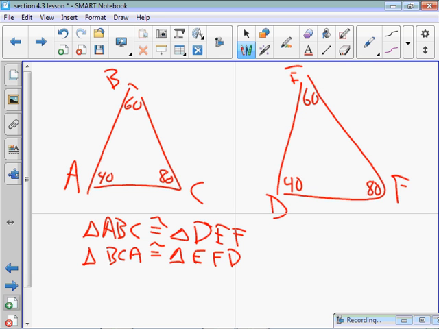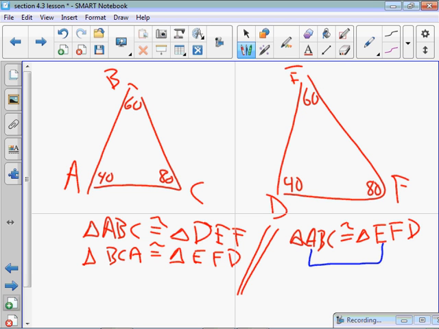What you cannot say is something like this: triangle ABC is congruent to triangle EFD. Because you have to make sure that the order you write it in is the order of corresponding parts.